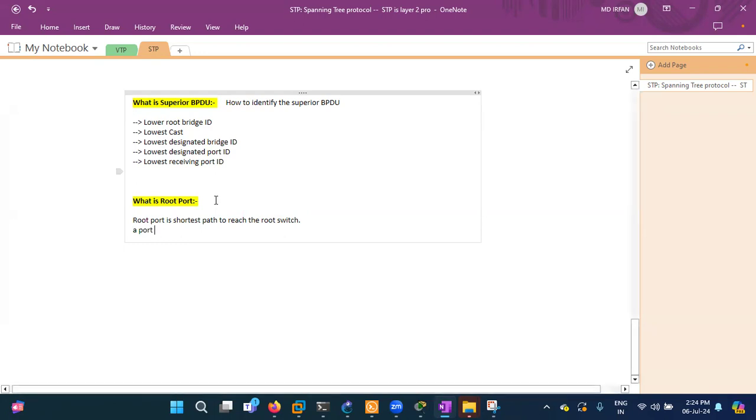A port which will receive the superior BPDU, that port will become a root port.